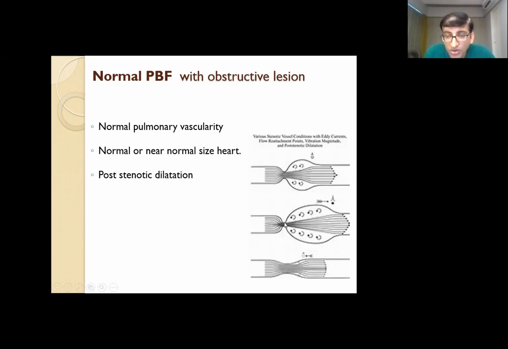The narrower the stenosis, the bigger the post-stenotic dilatation. So you can see over here, the stenosis is not significant in the last figure, so there is not much dilatation. More the stenosis, more the dilatation. So this dilatation can be appreciated on the chest X-ray when we are looking for an obstructive lesion.